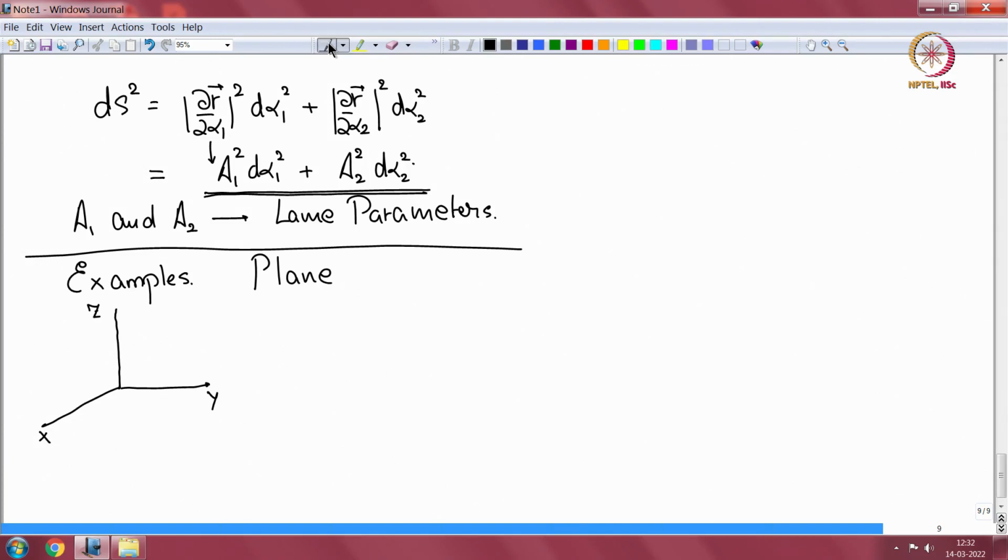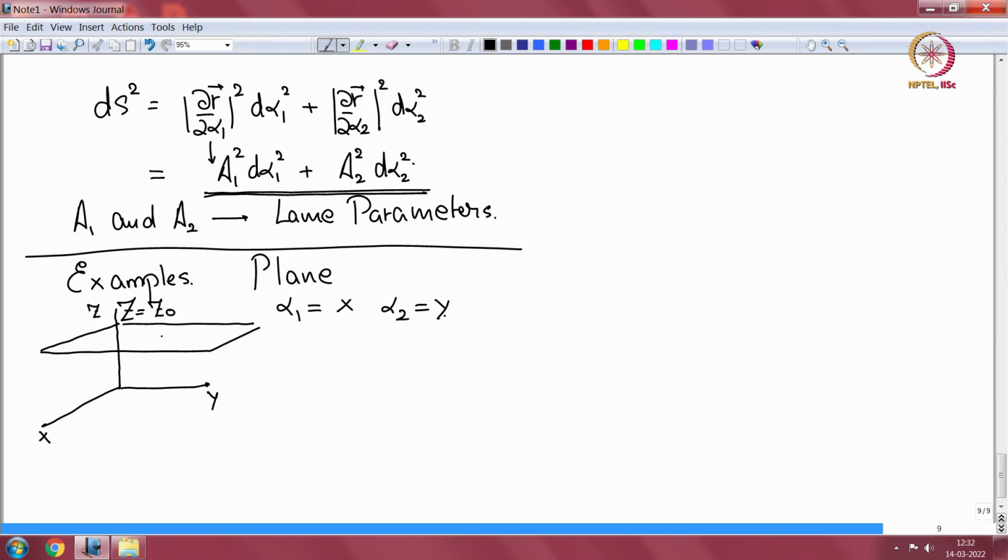Then I will have alpha 1 as x and alpha 2 as y, and I will describe a plane that is parallel to the xy plane, normal to the z axis. Let us say this is z equal to z0.